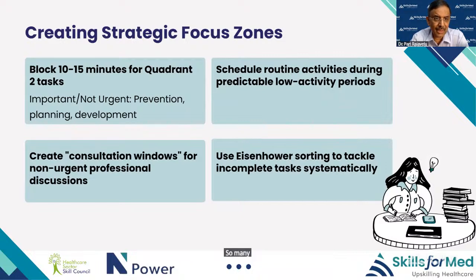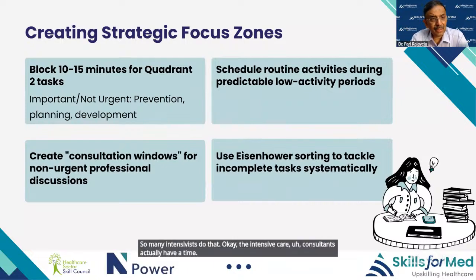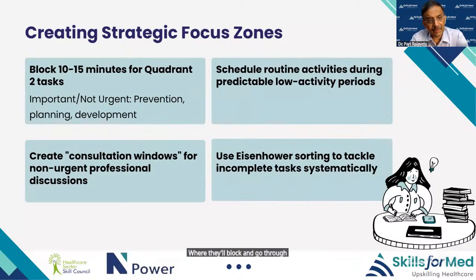Many intensivists do that. The intensive care consultants block a time where they go through all the family interviews. That is a very efficient way of using your shift time. And again, prioritizing, use the Eisenhower matrix. So next slide, please.